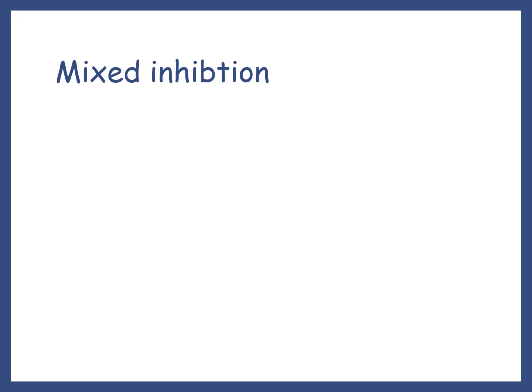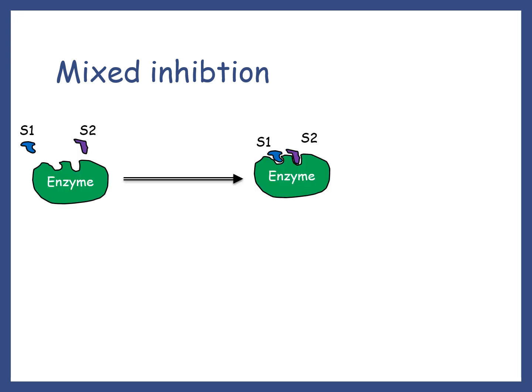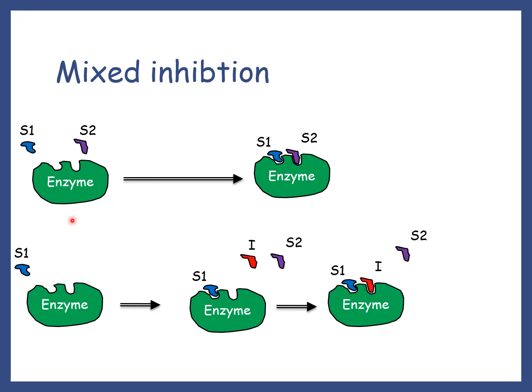Mixed inhibition. Some enzymes have multiple substrates. For example, they have two substrates and two binding sites, so there are two active sites. And what happens in case of mixed inhibition is that substrate 1 binds to its active site and there is no competition for the active site of substrate 1, but the inhibitor competes with substrate 2 for its binding site.